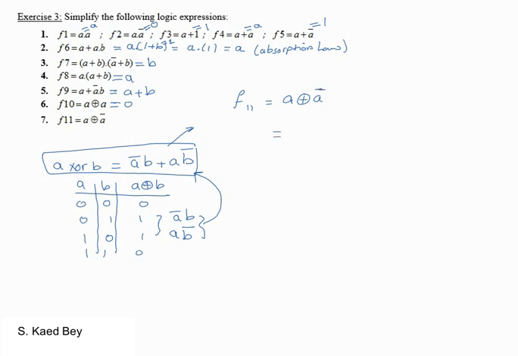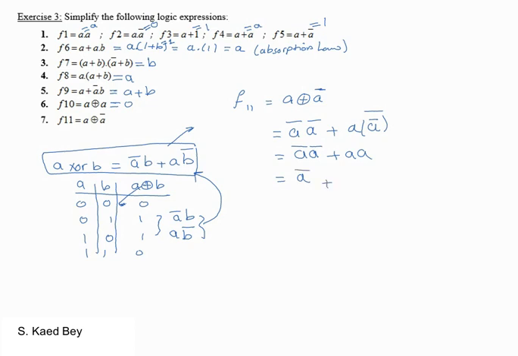If we follow the same relation, we will end up with A bar A bar plus A A. This means it's going to be A bar plus A. A bar ANDed with A bar is always going to be A bar.